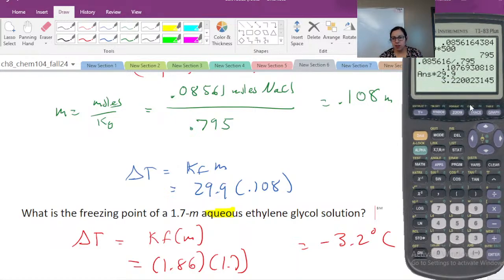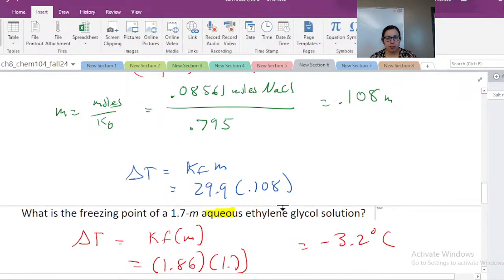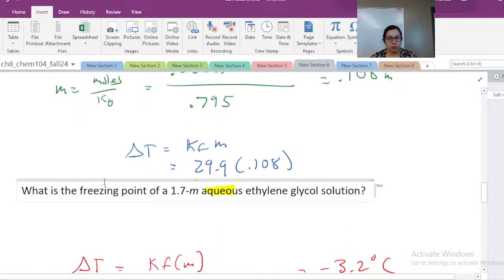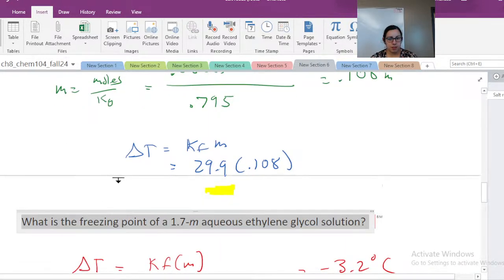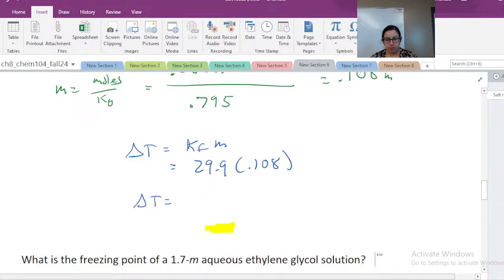And so then we get a change in temperature of 3.22 degrees. And then remember, freezing point depression. So it's going to lower it.